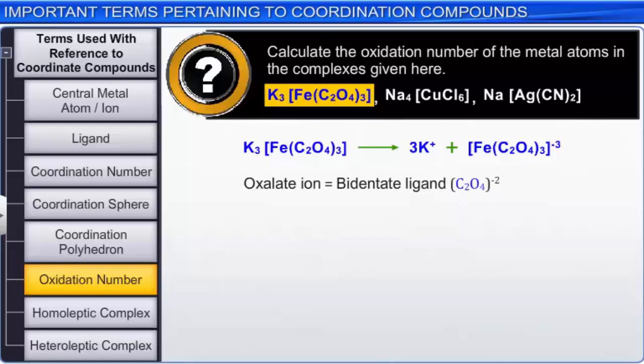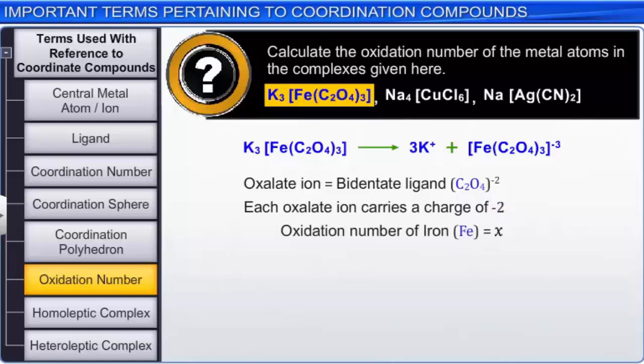Each oxalate ion carries a charge of minus 2. The oxidation number of iron, which is assumed as x, is calculated as x + 3 × (-2) = -3. On simplification, we get x = +3. Hence, the oxidation number of iron is +3.